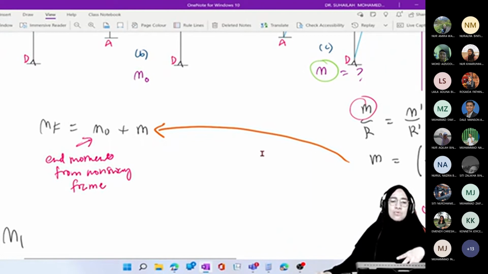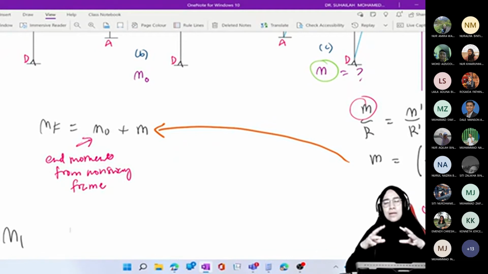Tapi as degree student you have to know where it is come from. Kenapa ada N moment from non-sway frame? Kenapa ada N moment from side-sway frame? That is the concept. So bila you dah faham this concept, you can apply to all type of frame with sidesway.